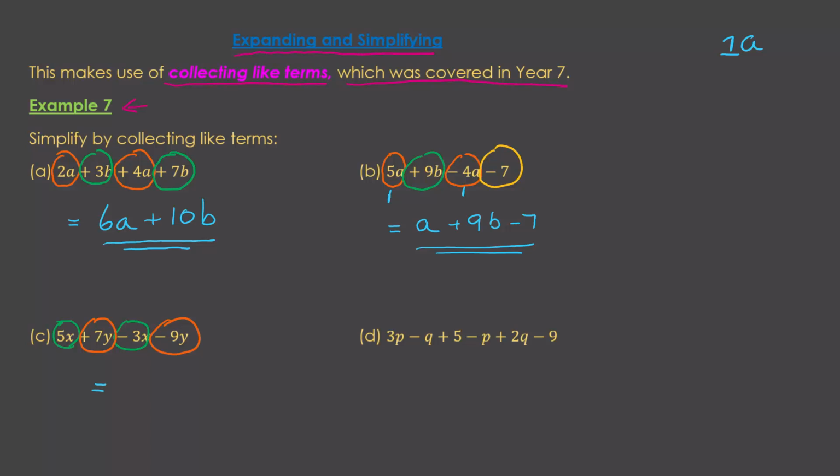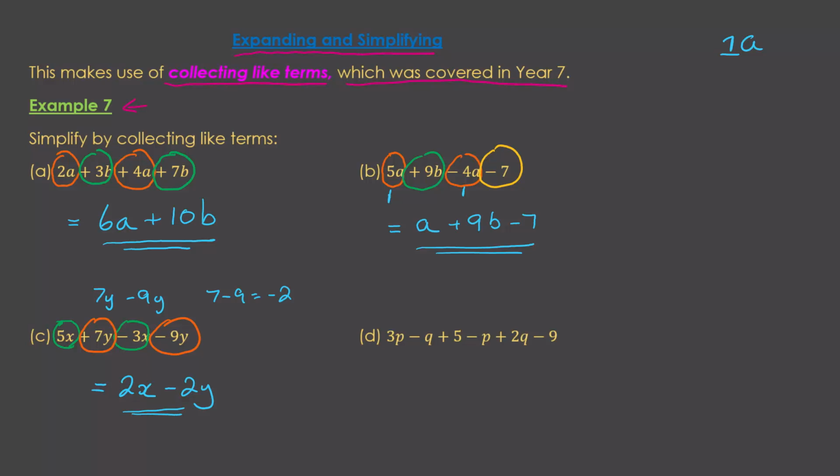I've got 5 x's to start with, and then I take away 3 of them, so I now have 2 x's. Now here I've got 7y, and I've got to take away 9y. Think about 7 take away 9 is negative 2, so that's going to be minus 2y.